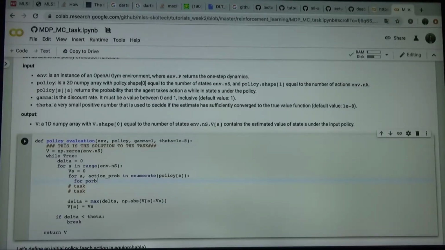So for prob, next state, reward and done in environment P from state, action.